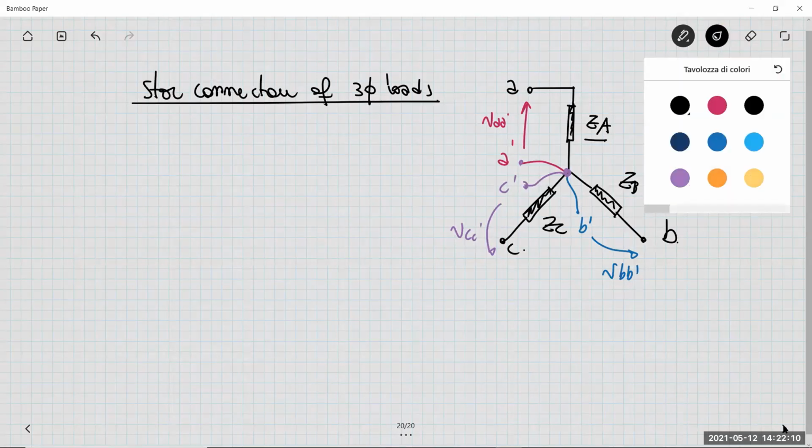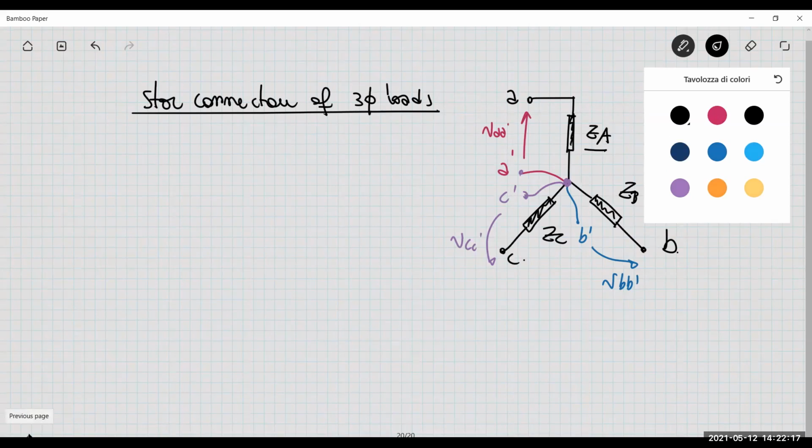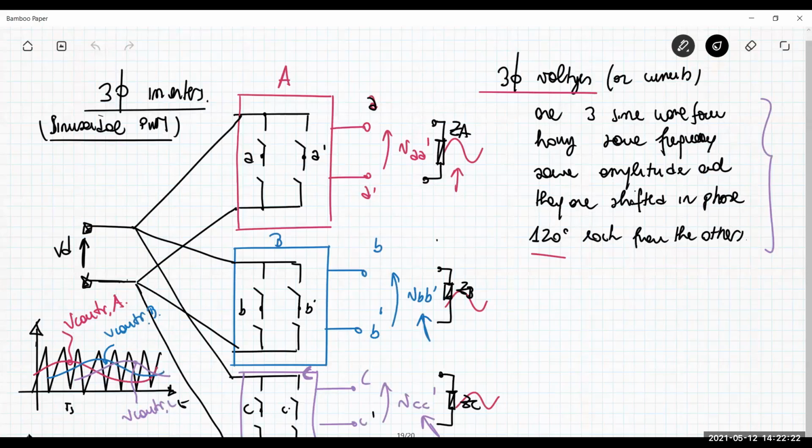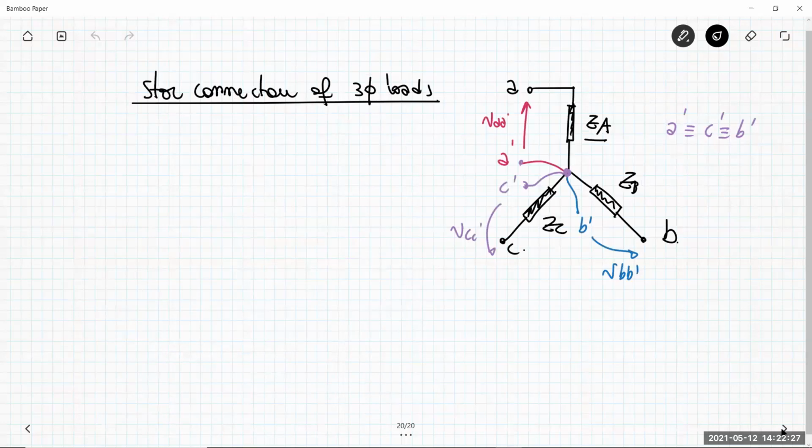So let me consider what happens due to this combination. Redrawing this circuit here in a different way is not a huge modification, but it can be helpful for us. This is VD, which is the common input voltage. VD supplies the inverter A. So the inverter A is this one.